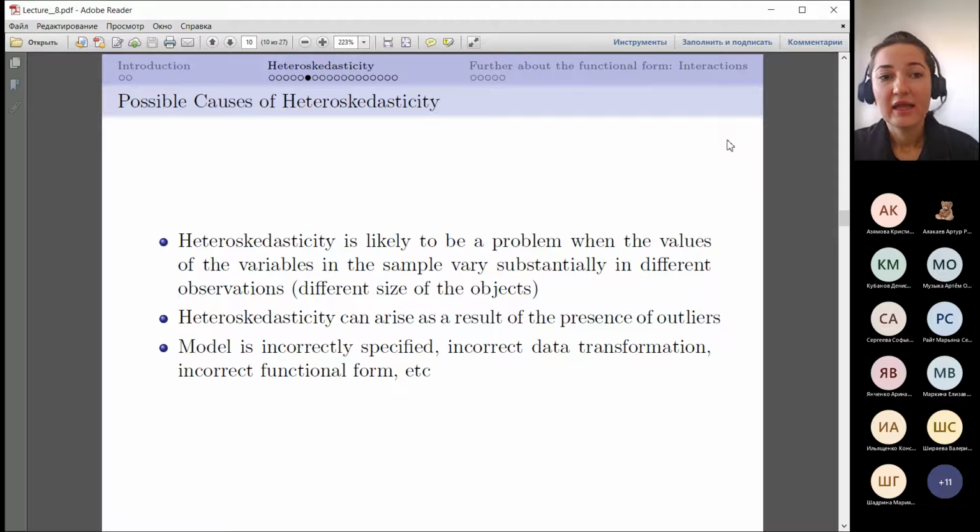So now let's discuss the causes, or the possible reasons, of heteroskedasticity in your data. The first reason: heteroskedasticity in most samples, generally speaking, is the rule rather than the exception, because heteroskedasticity is likely to be a problem when the values of variables in the sample vary substantially in different observations.